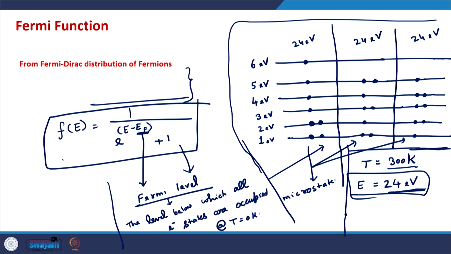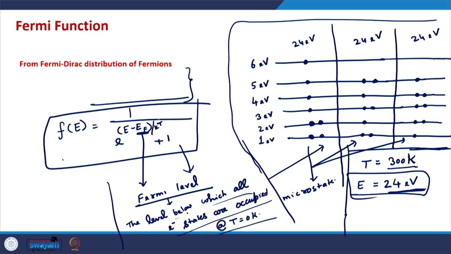So, we are taking these ideas and we are not going into the details of distribution of electrons in solids or the probability with which various energy levels will be occupied. So, this is a very important idea, especially in condensed matter physics and solid state physics. So, one way of defining the Fermi level is, it is the level below which all electronic states will be occupied at T equal to 0 Kelvin.